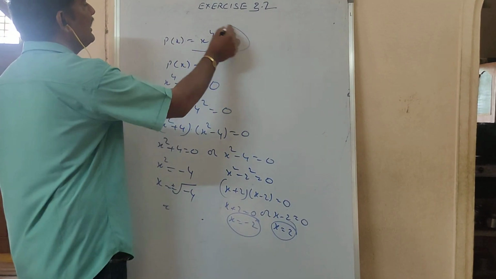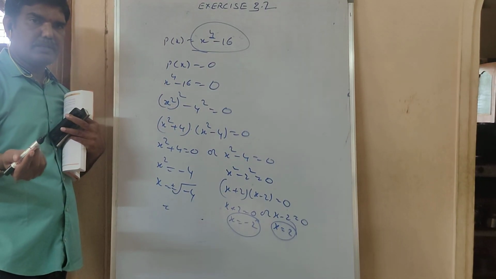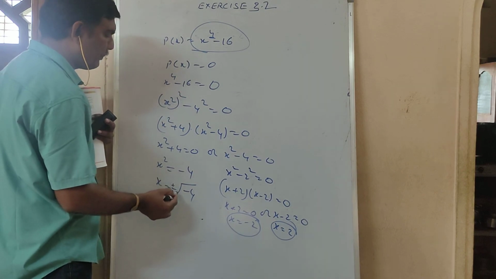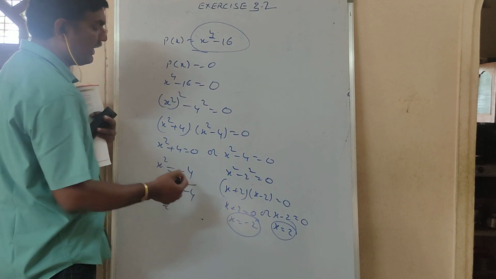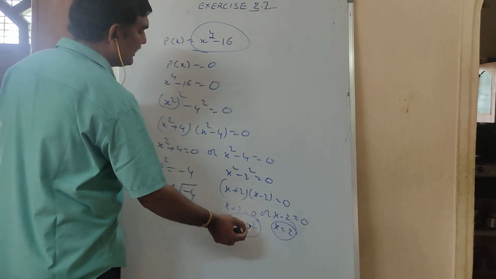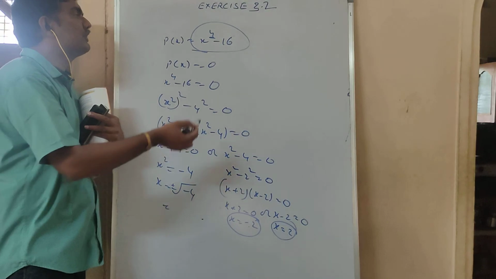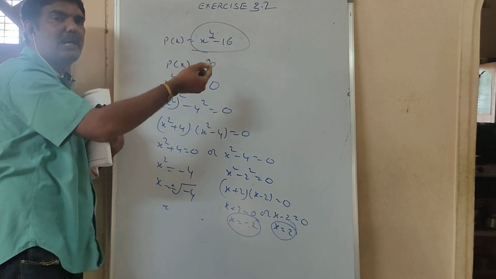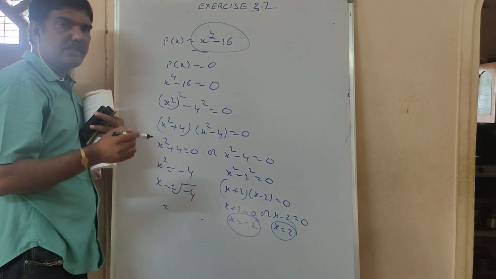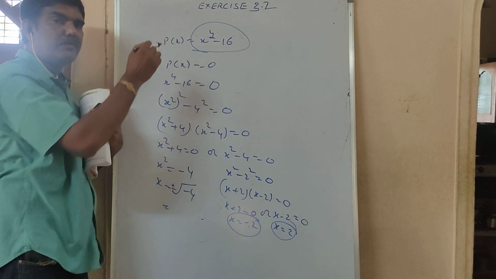Because what is the degree of this polynomial? 4. How many zeros will be there? 4 will be there. So one is plus root minus 4. The other is minus root minus 4. Third one is minus 2. Fourth one is 2. These 4 values, if you substitute in place of x, the entire polynomial value becomes what? 0. Therefore, these 4 are called zeros of this polynomial.